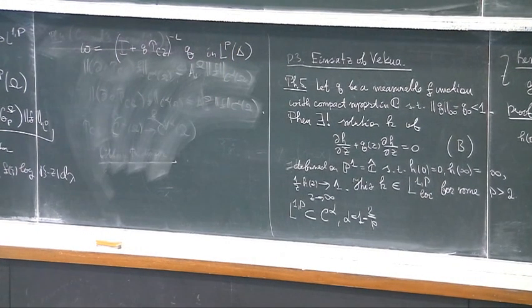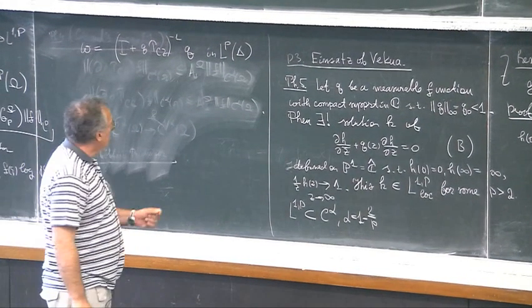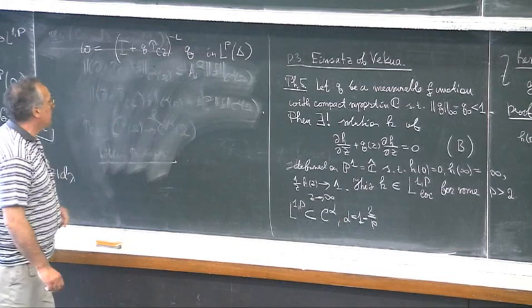So taking p close to 2 in order to have this norm less than 1, I can invert this operator.